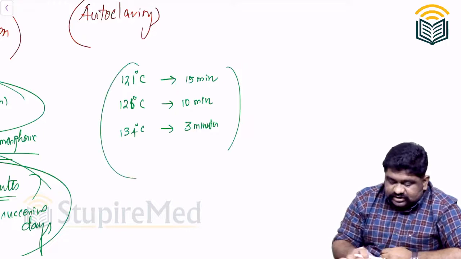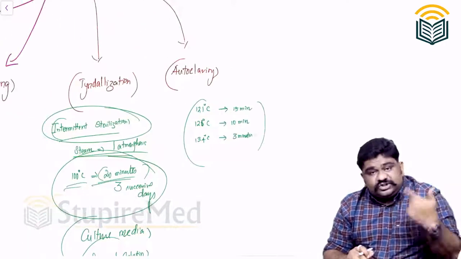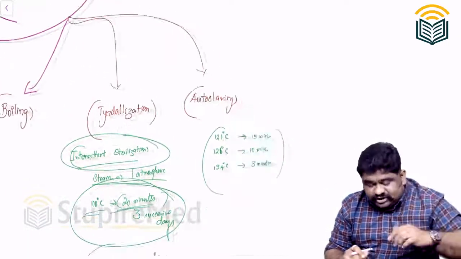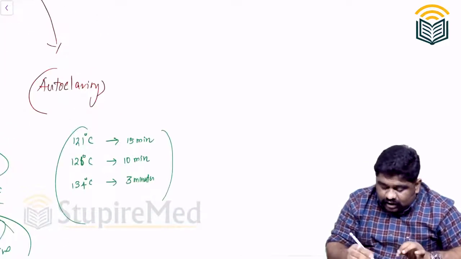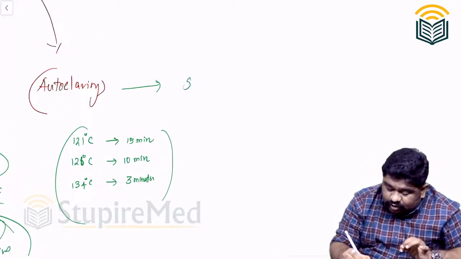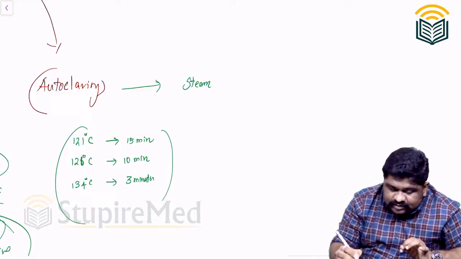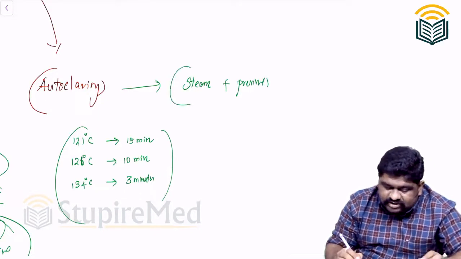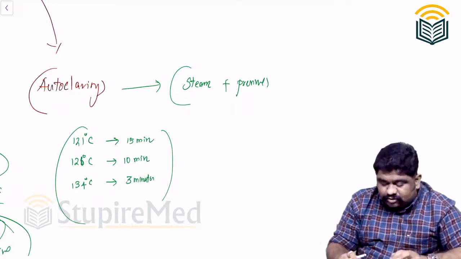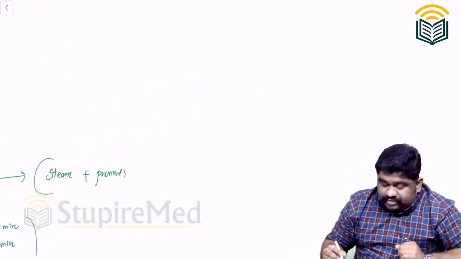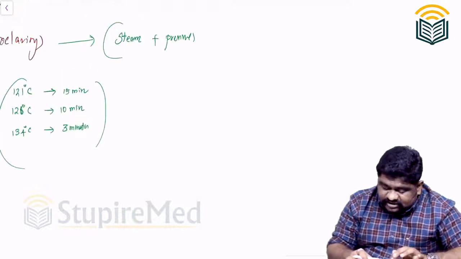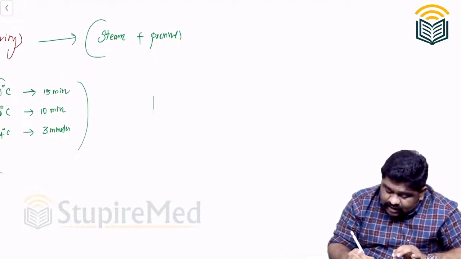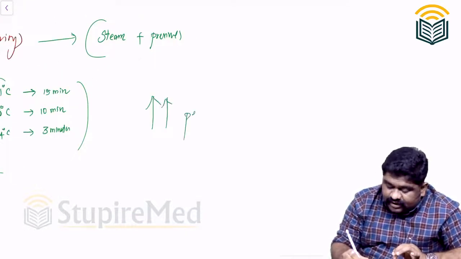Here, the difference is that in all the other areas we use steam. Moist means where we are trying to use steam or water vapor. Here, I am going to have steam plus pressure. So now you have to fix the pressure also. Here, the most beautiful part is when I go for steam along with pressure, the penetrative power has dramatically increased. High levels of penetrative power.